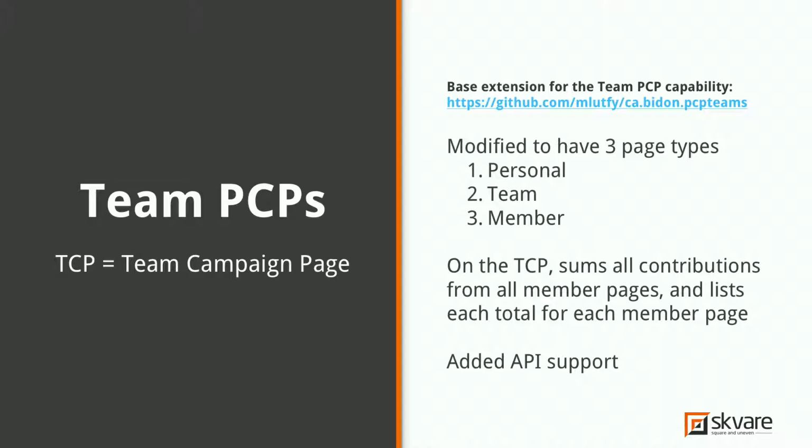In the spirit of open source, we took somebody else's work that they did for a particular organization and built on top of that. We are summing up all the different contributions, showing all the different member pages, listing totals for each page, and we also added API support so you can interact with this directly from the code.